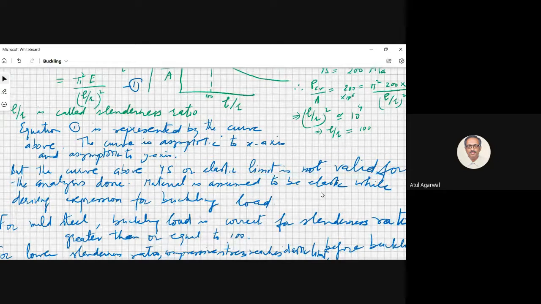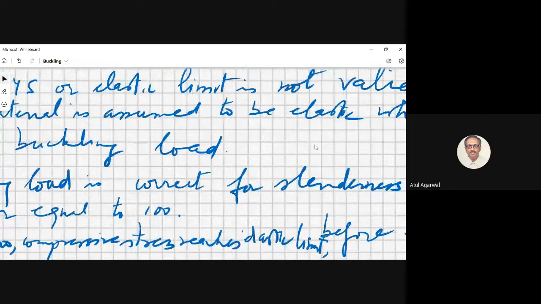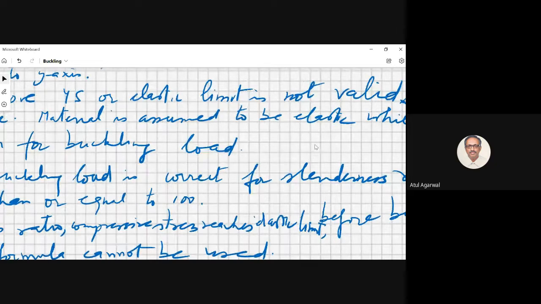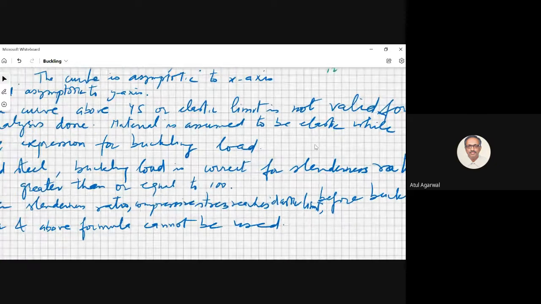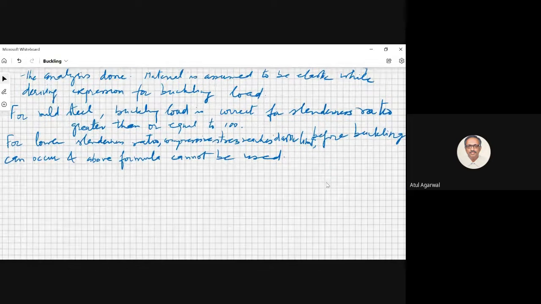Material is assumed to be elastic while deriving the expression for buckling load. For mild steel, buckling load is correct for slenderness ratio greater than or equal to 100. For lower slenderness ratio, compressive stress reaches elastic limit before buckling can occur, and the above formula cannot be used. I hope it is clear.